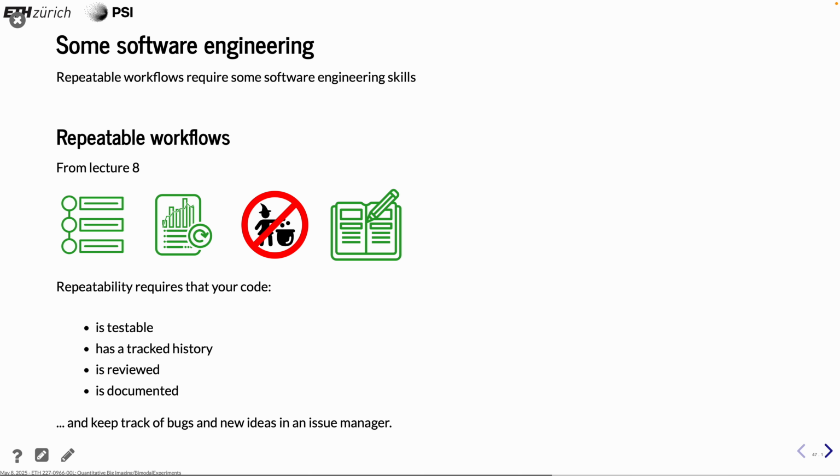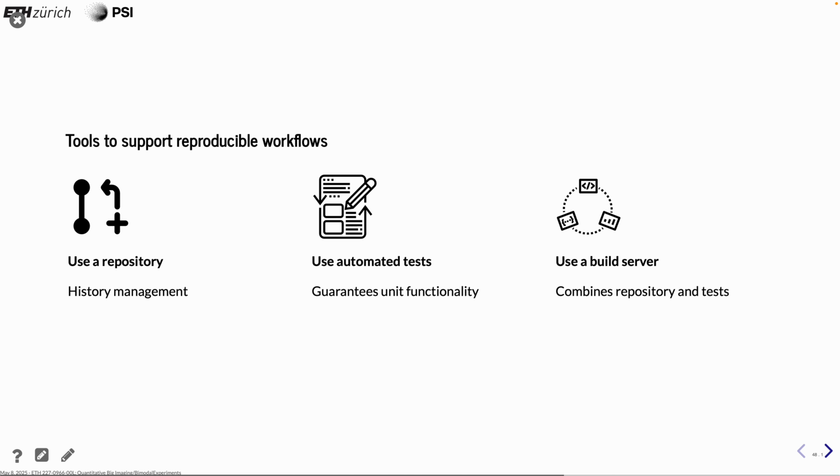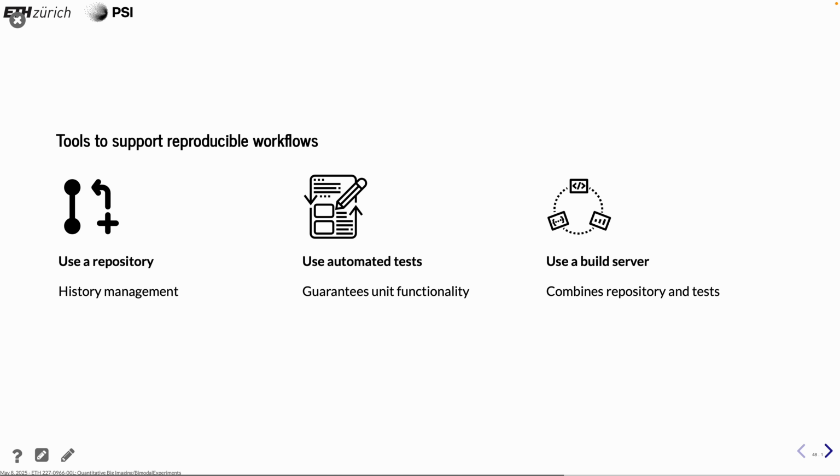A further step would be to also track bugs and new ideas with the help of an issue manager, which is provided by many of the repository toolboxes. So what you need to support a reproducible workflow is, first of all, that you use a repository which guarantees that your history is managed.